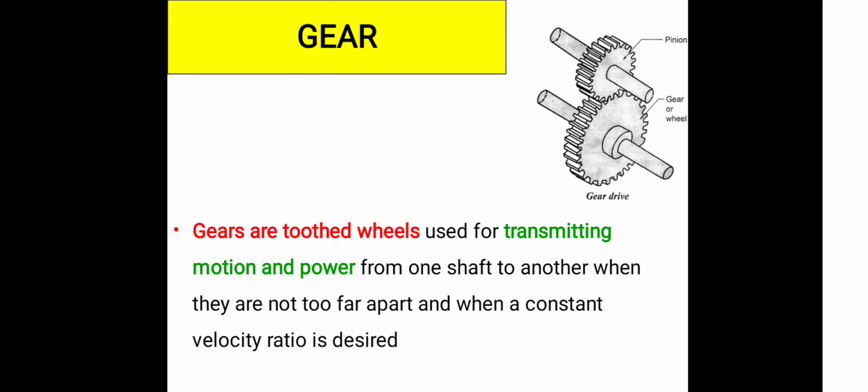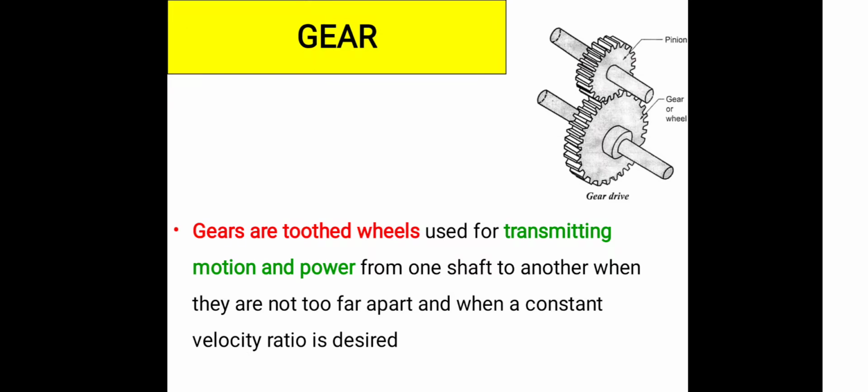Without two gears we are not able to transmit power from one shaft to another shaft. If we have only one gear, it cannot be used to transmit the power from one shaft to another shaft. So by utilizing two gears we can transmit the power from one shaft to another shaft. So it is called a gear or gear mechanism.